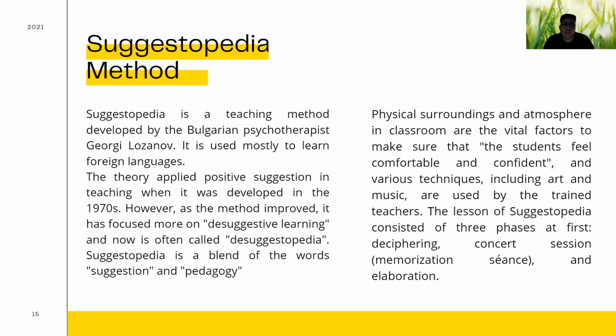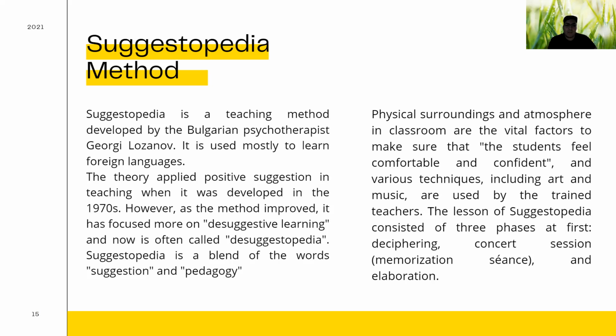Here we go with the Suggestopedia method. This is a method related to a very humanistic approach, right? It was developed by Georgi Lozanov in the late 70s. The Suggestopedia method is a teaching method developed by this psychotherapist, and it is mostly used to learn foreign languages.